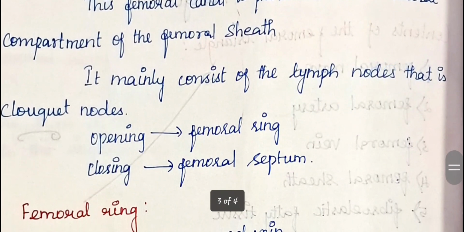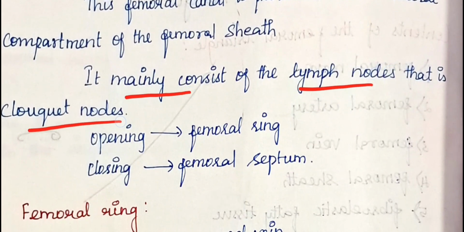So this canal mainly contains lymph nodes. The opening of the canal is referred to as the femoral ring, and the closing of the canal is referred to as the femoral septum.